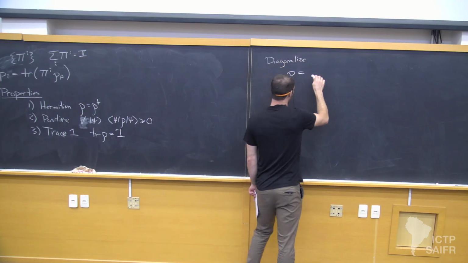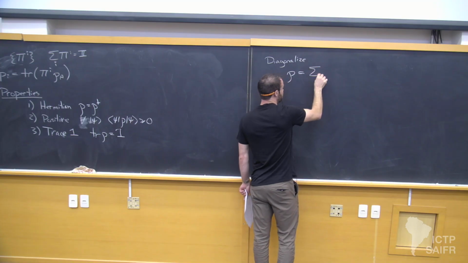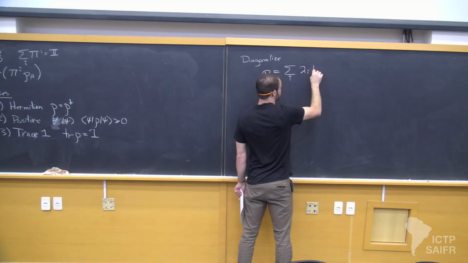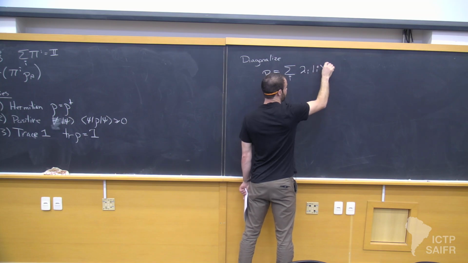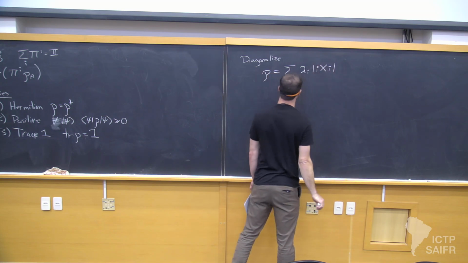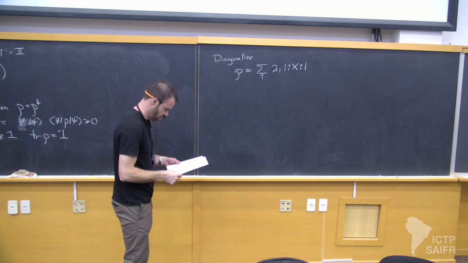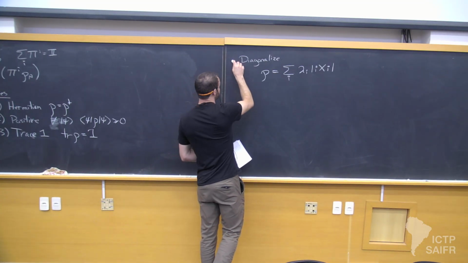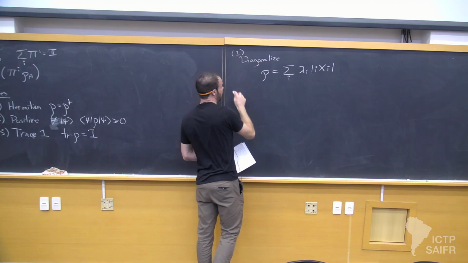So I can write rho as some eigenvalues lambda_i and some eigenvectors, which I'll just label by i. So that's sort of using property 1.